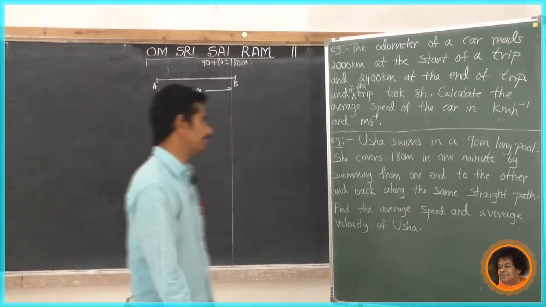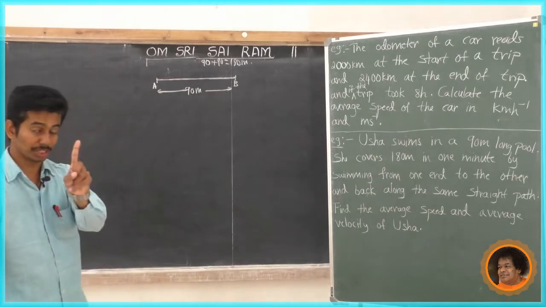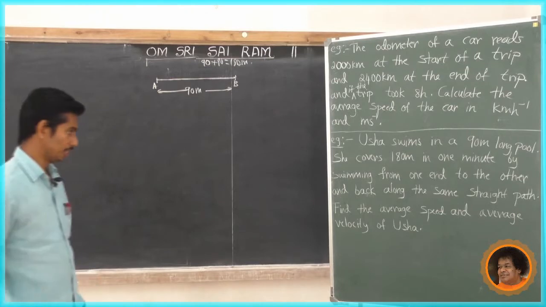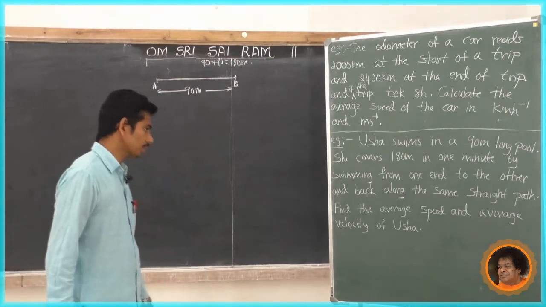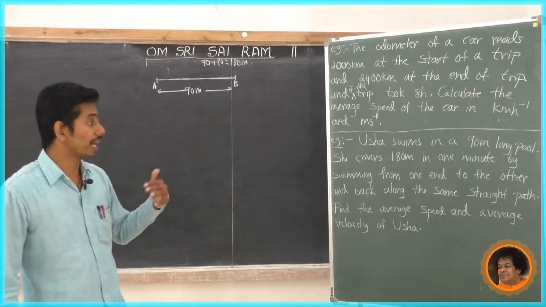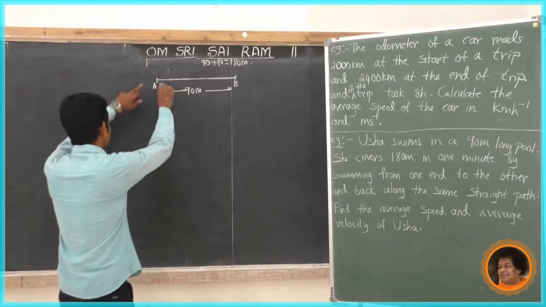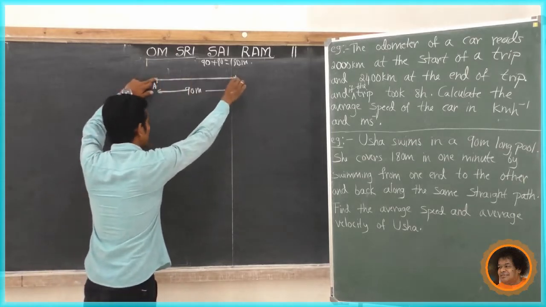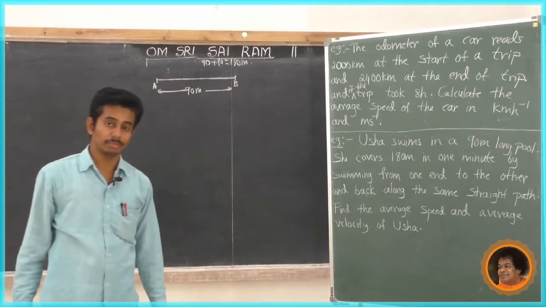It is also given in the question. Usha swims in a 90 meter long pool. She covers 180 meter in 1 minute. Time taken is 1 minute, swimming from one end to the other and back along the same straight path. So, she swims A to B, then B to A, and totally she covers a distance of 180 meter.